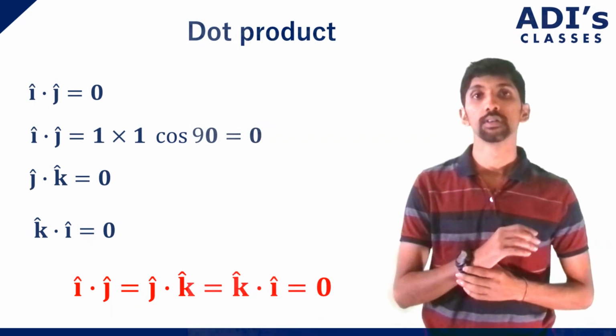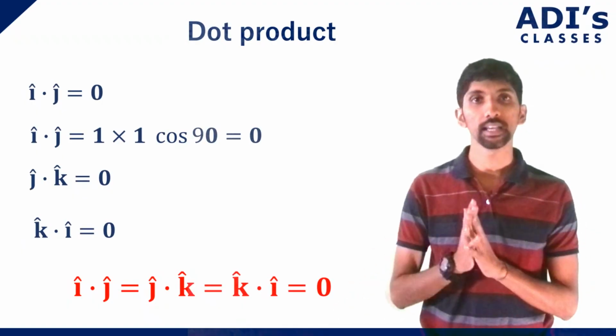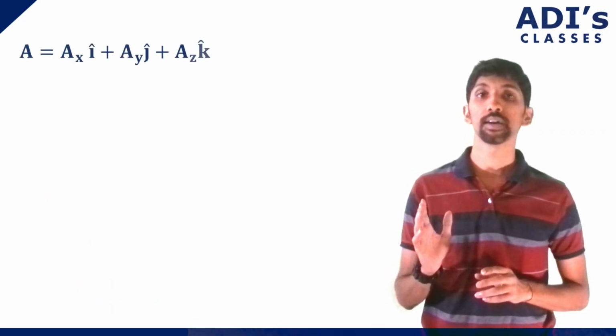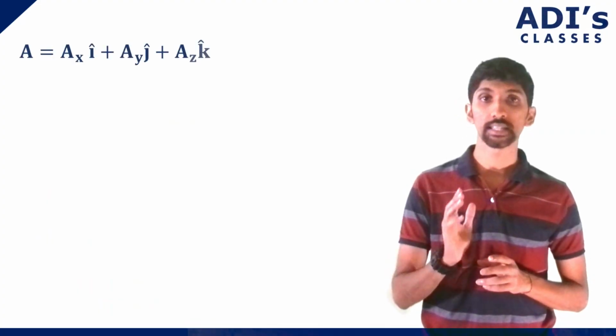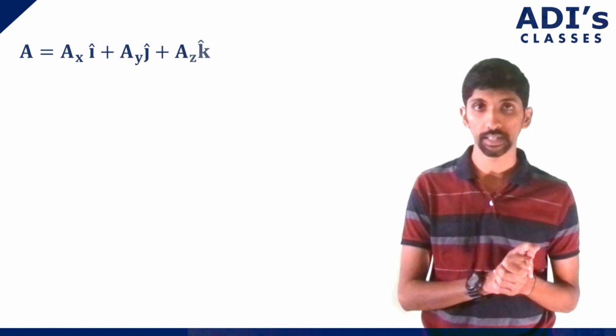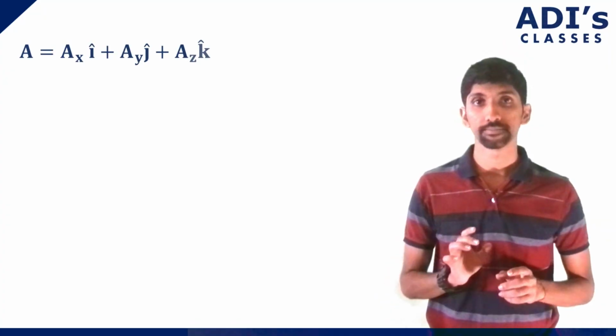Now see, you have vector A. Suppose vector A is given by ax into i plus ay into j plus az into k. That means we are splitting it into its components, correct? Now what if you do A dot A?